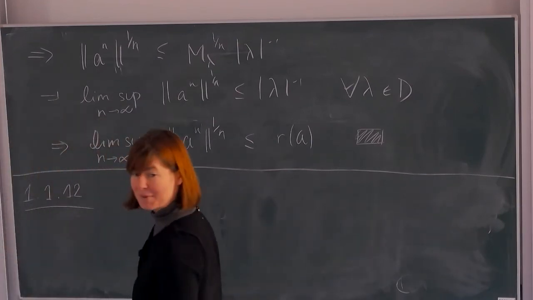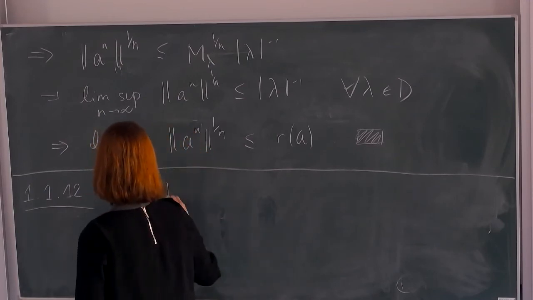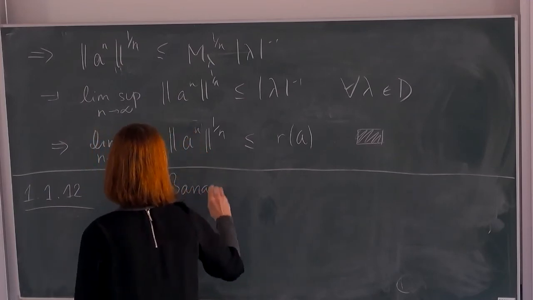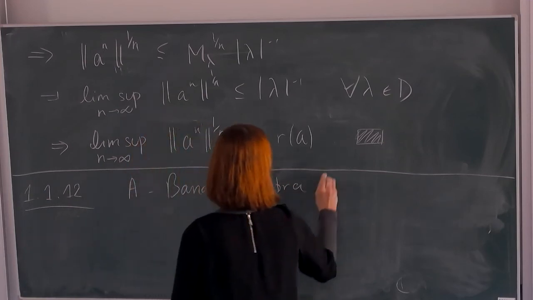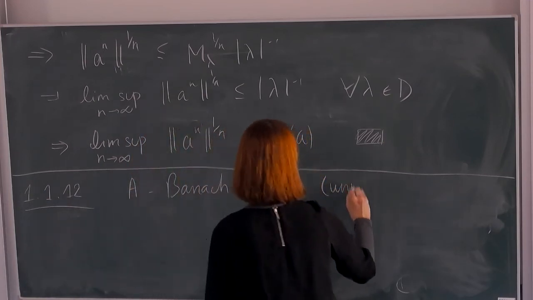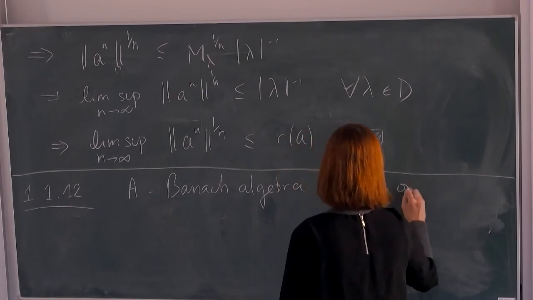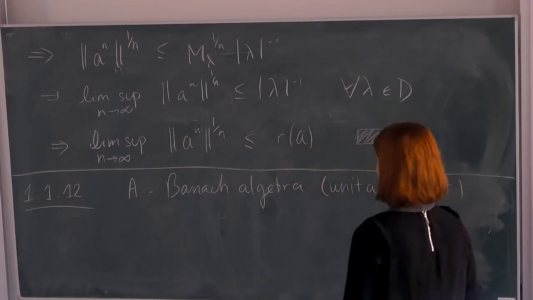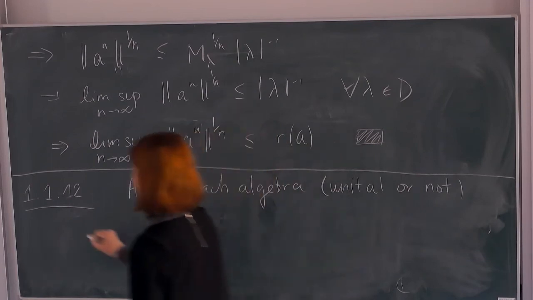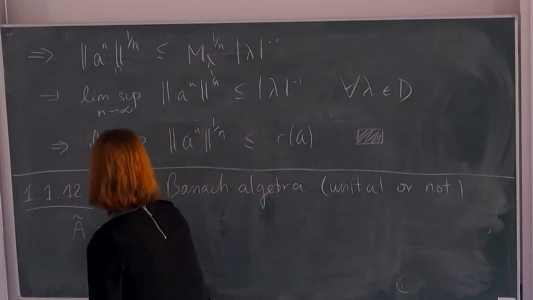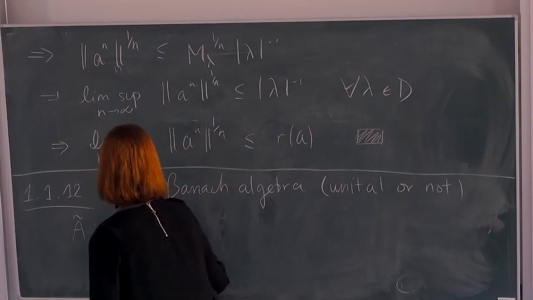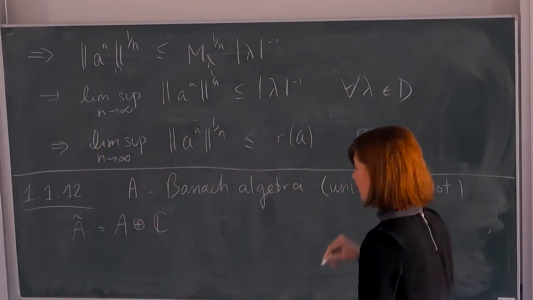Okay, so take a Banach algebra. It doesn't matter if it's unital or not. And we'll define A tilde to be the direct sum of A with the complex numbers as a vector space.